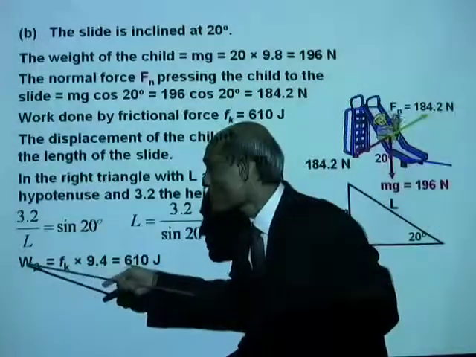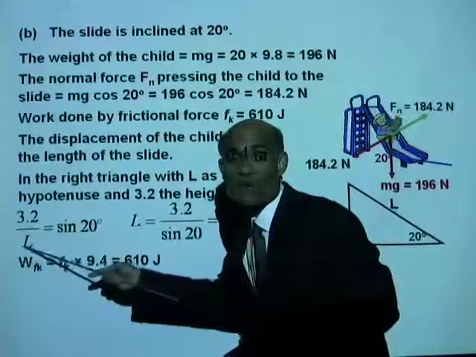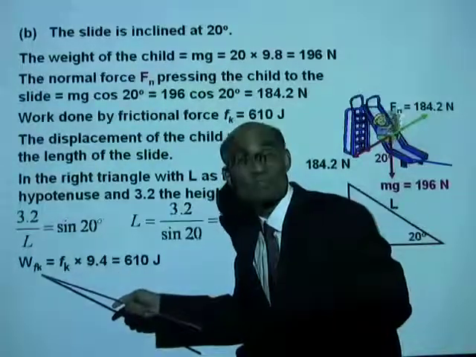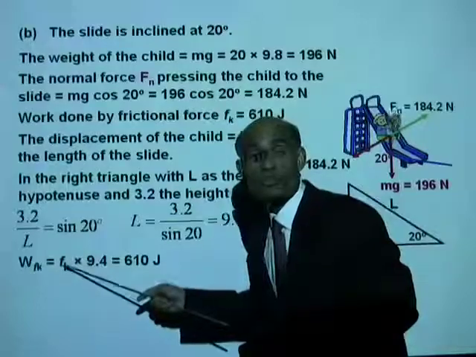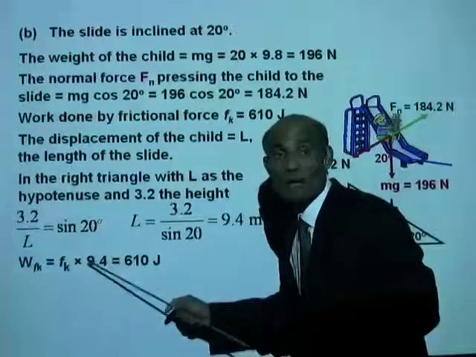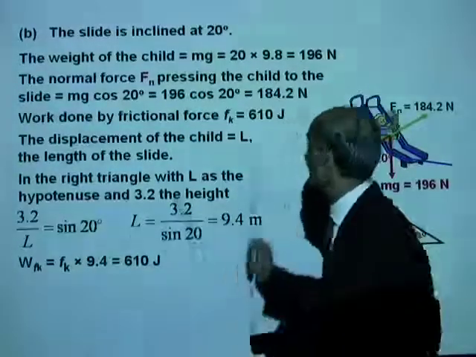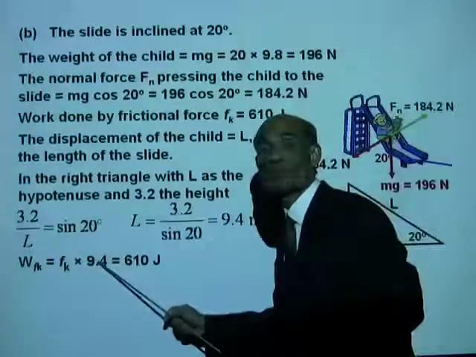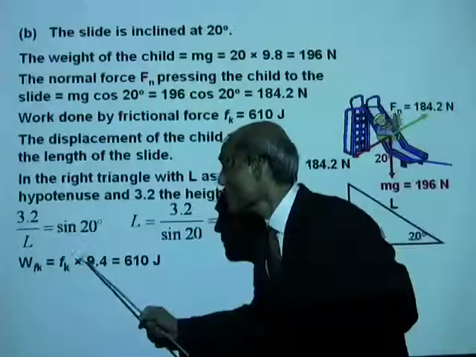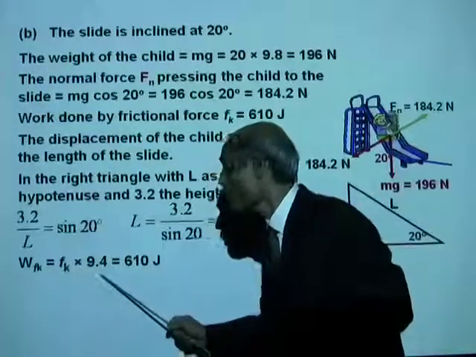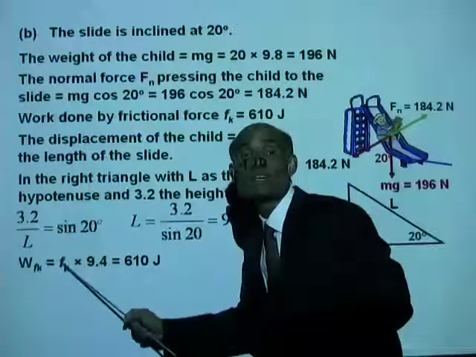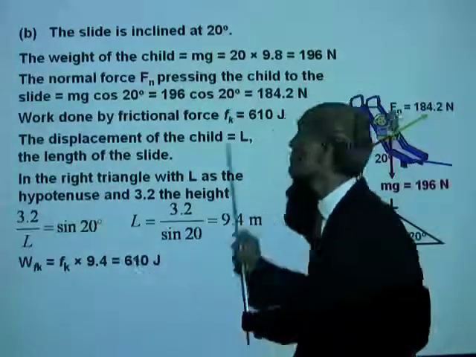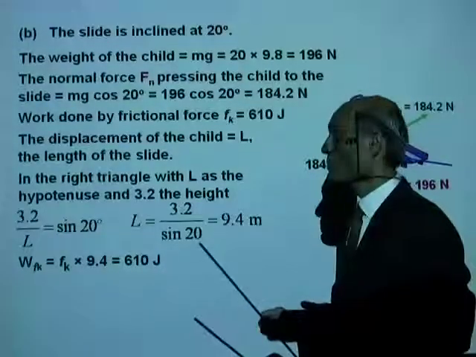So, W_fk, what does that stand for? Work done by the force of kinetic friction is the force of kinetic friction multiplied by the displacement. The displacement is the length of the slide, which is 9.4. So Fk multiplied by 9.4 is the work done by the frictional force, and we know its value is 610 joules.